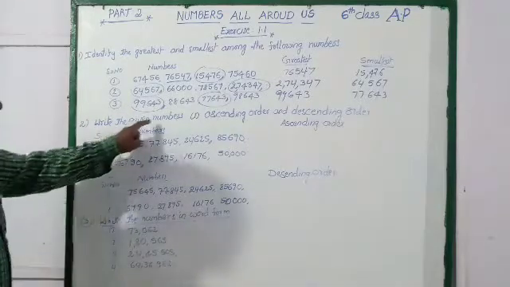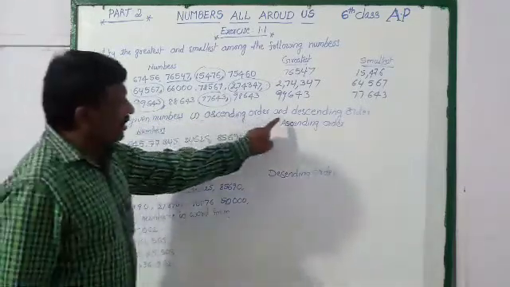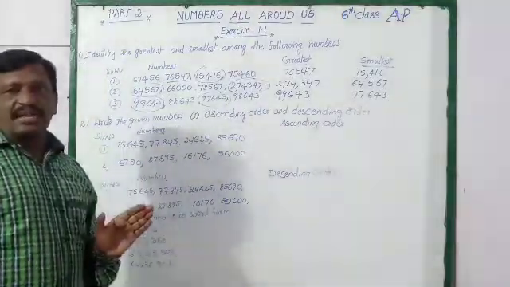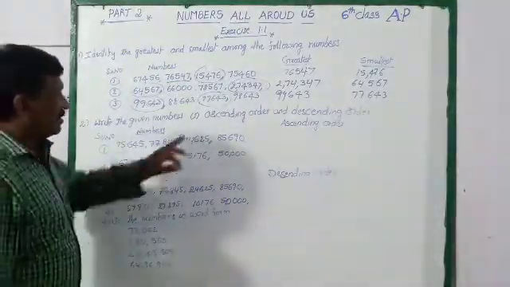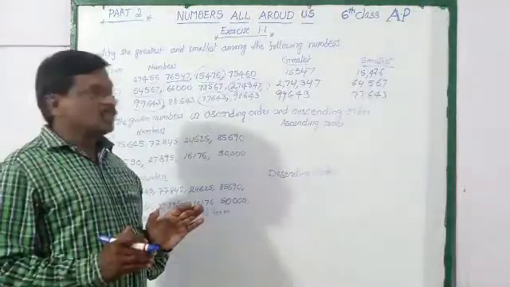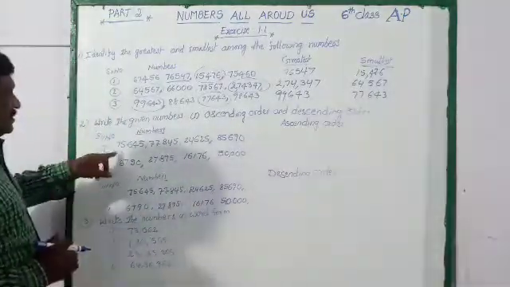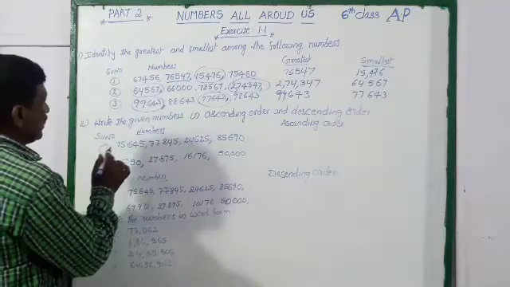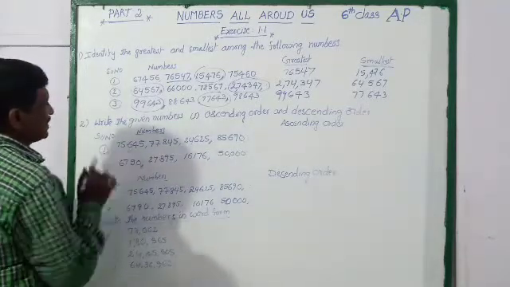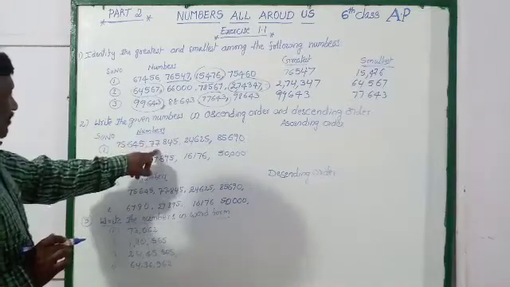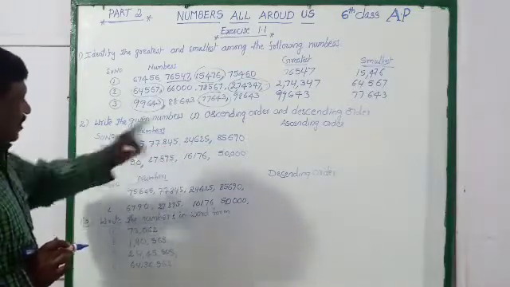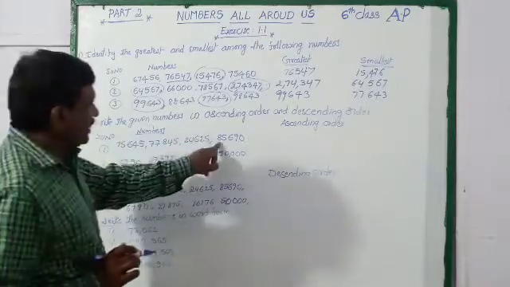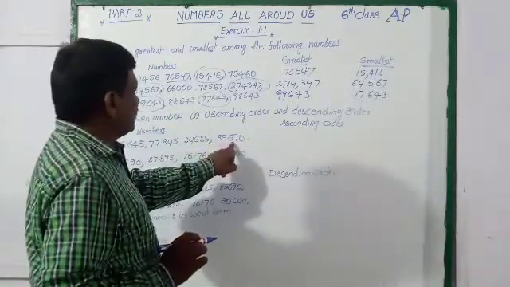Next, write the given numbers in ascending order and descending order. We know what ascending order and descending order are. Ascending order is from smallest to greatest. Which is the smallest? 75,645, 77,845, 24,625, 85,690.